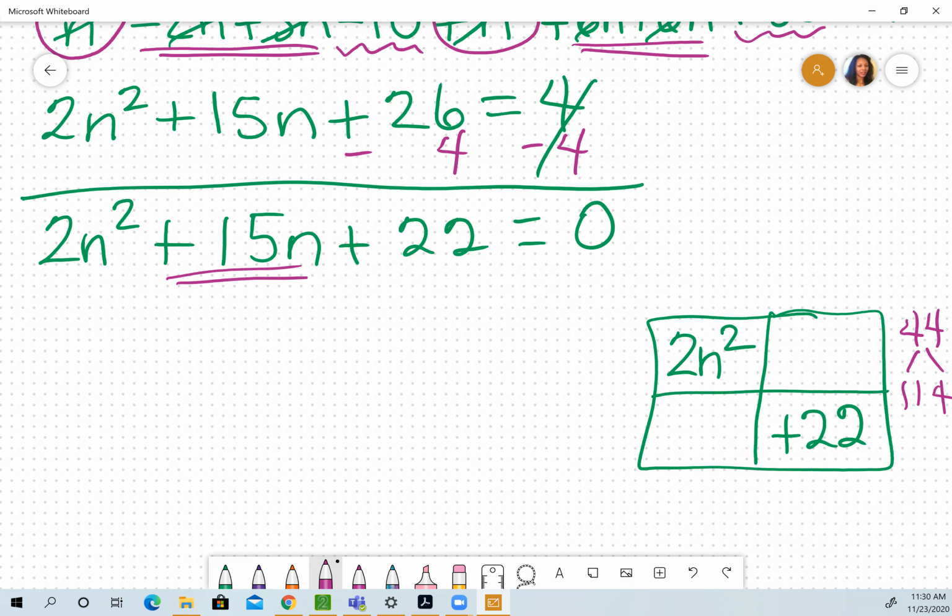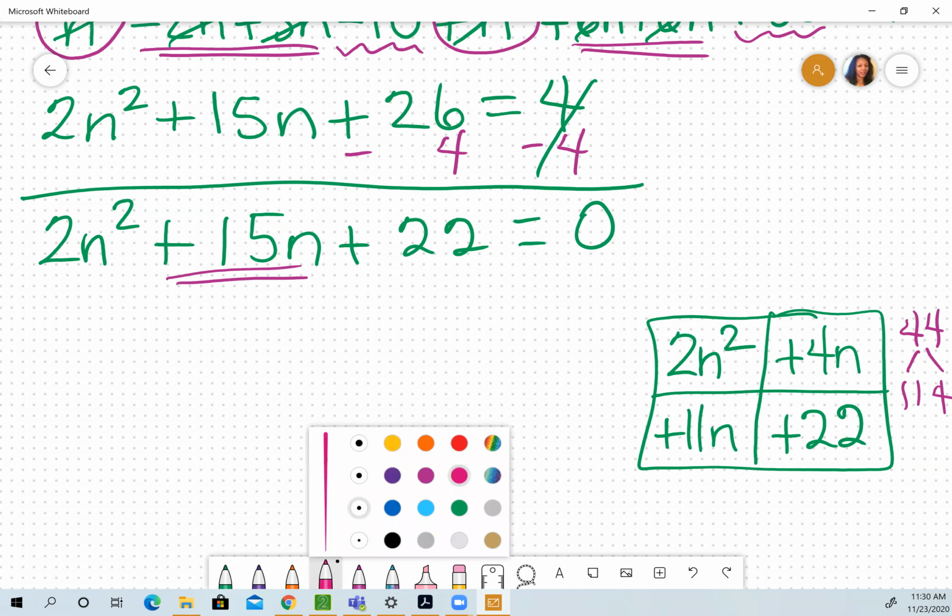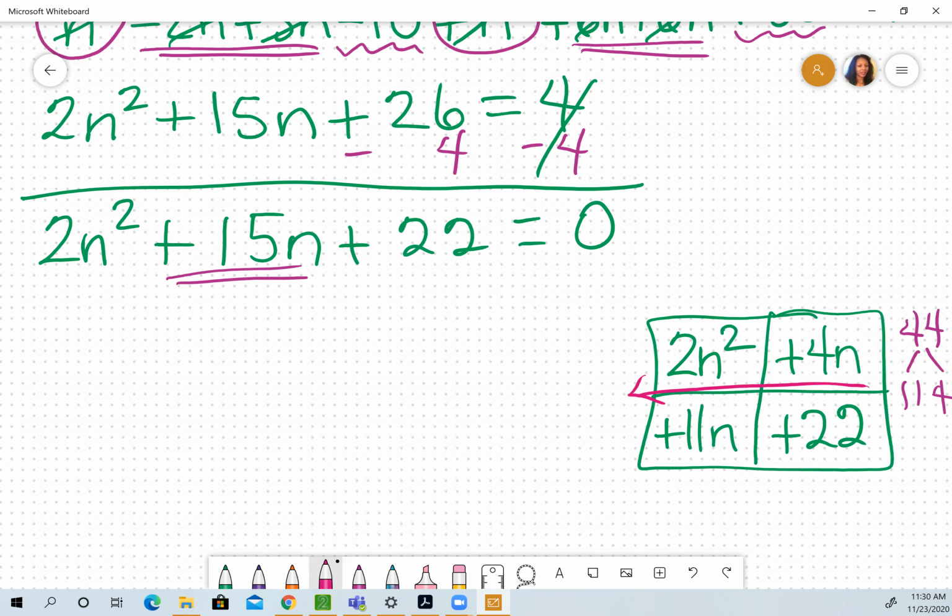So I'm going to take that information and that's what's going to go in the box here. It doesn't matter which goes where. Plus 11n. And I always put the variable with it because again, it's replacing that 15n. So 4n plus 11n replaces the 15n. Now what I'm going to do is factor to the left the greatest common factor.